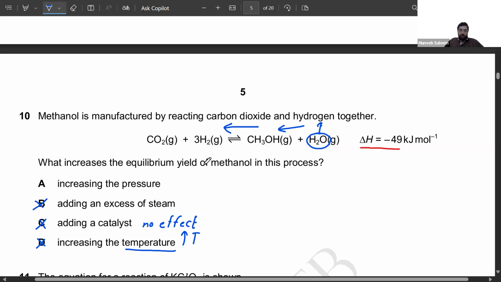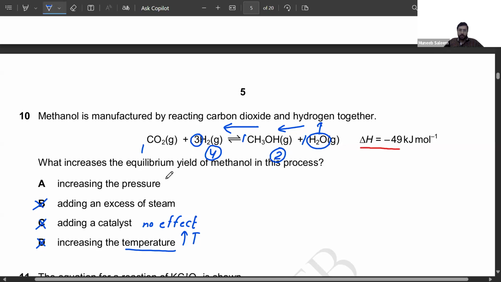Increasing the pressure says, okay, now if we look here, we have 1 mole for the carbon dioxide, 3 moles for the hydrogen. So in total, we have 4 moles on the reactant side. Now on the right side, we have 1 mole for methanol, 1 mole for water, which means we have a total of 2 moles on the product side.